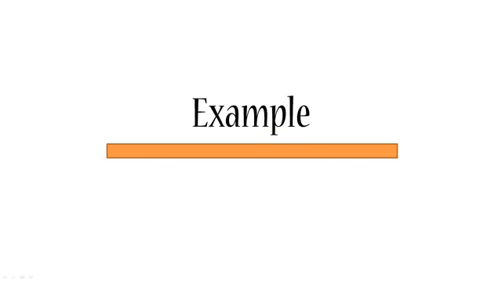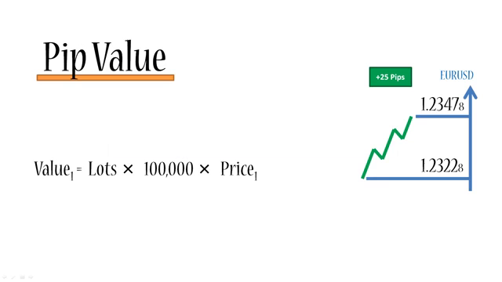So let's look at this example that we talked about just now in more detail. There's our chart on the right. The price moved up 25 pips. So let's calculate the value of the euros that we bought at the moment when we entered into the transaction. The value of the euros that we bought is calculated as the number of lots times 100,000 units of base currency times the price.